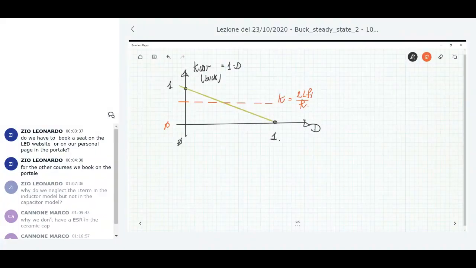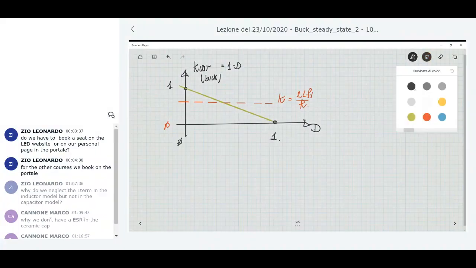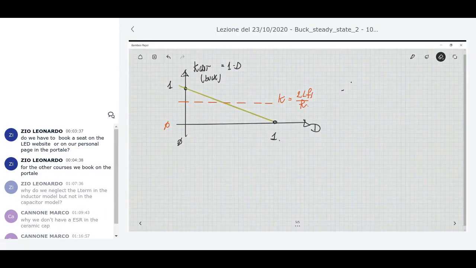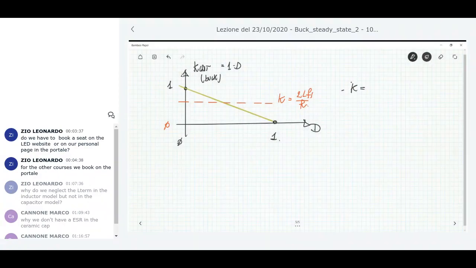So since my condition is that at the critical boundary I have K equal to K critical for the buck at the boundary, it means that under the curve we are in DCM, and over the critical curve we are in CCM.